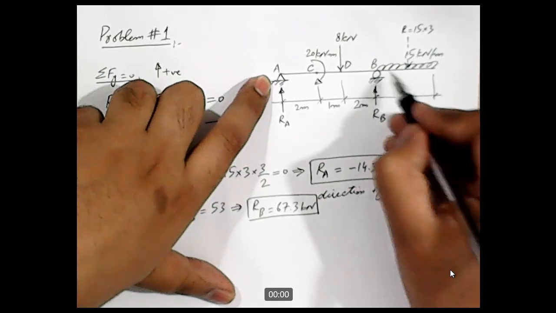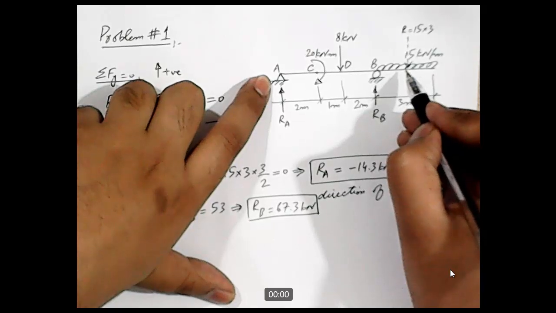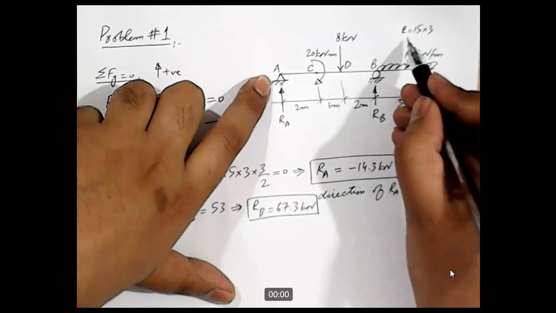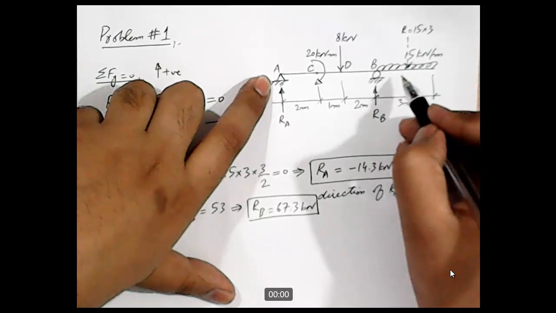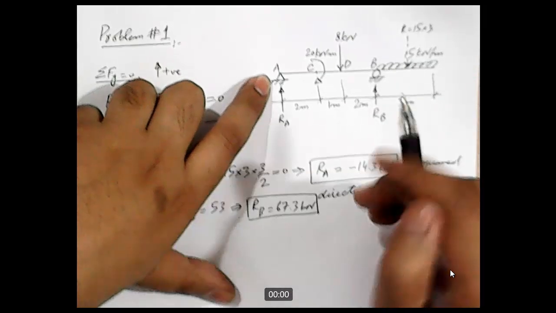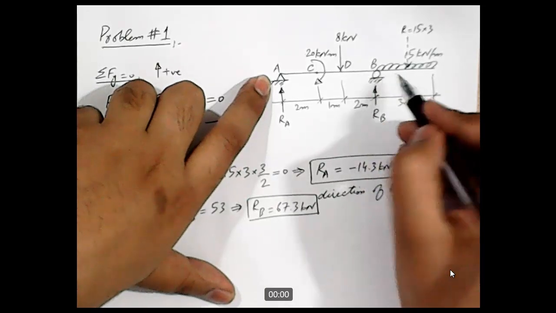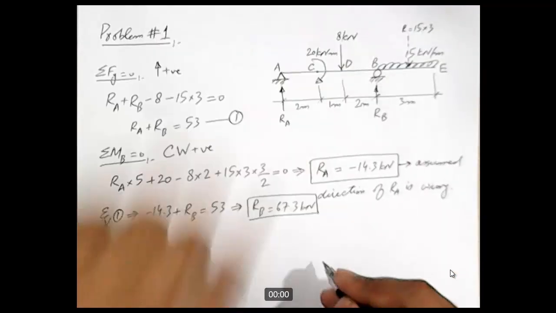In the overhang we have a UDL. I have marked the resultant, but the resultant will not divide this part into different portions, because I have marked it with a dashed line, as this is not a real point load acting at this point. So this entire overhang can be considered as one portion, and we will call this point E.